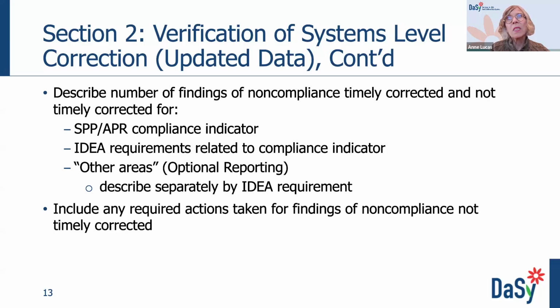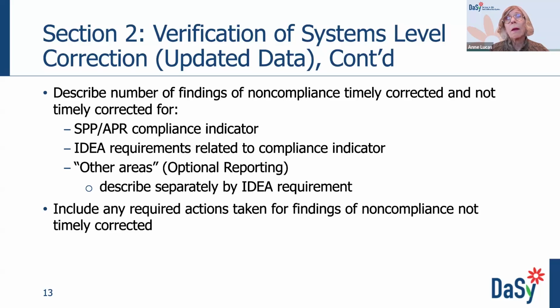But it's important somewhere in your narrative that you summarize the number of findings that were timely corrected for each of those areas and those that were not. So again, you'd want to do that just very briefly for the compliance indicator itself, and then separately for those IDEA related requirements.